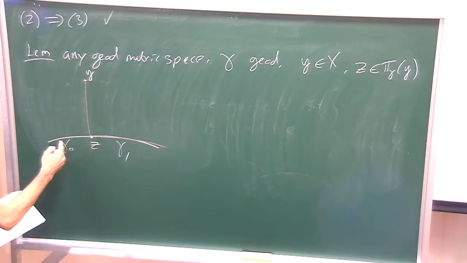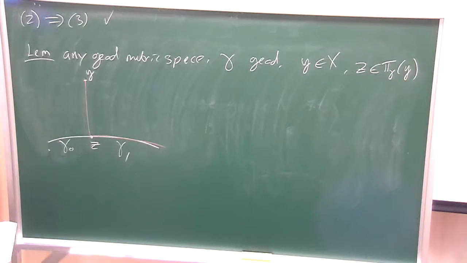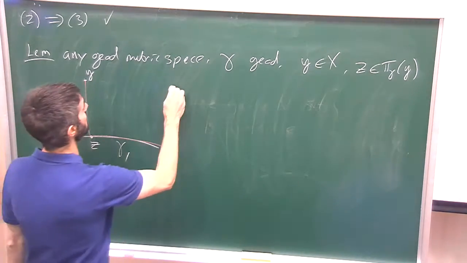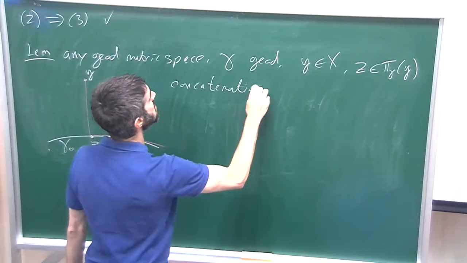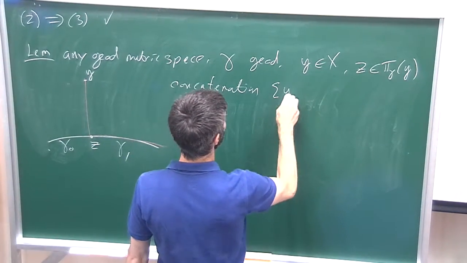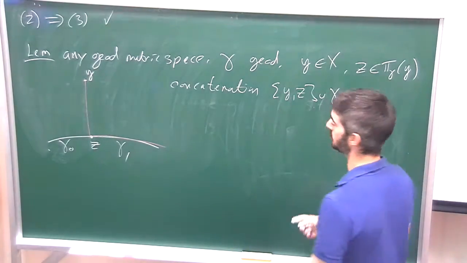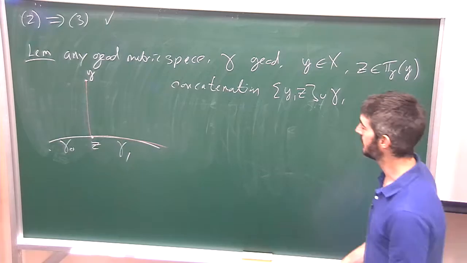So I'll break up my geodesic gamma at the point z, and then I'll have the concatenation of this geodesic from y to z with half of gamma. Is it clear what I mean? So all right, I'll take this path.